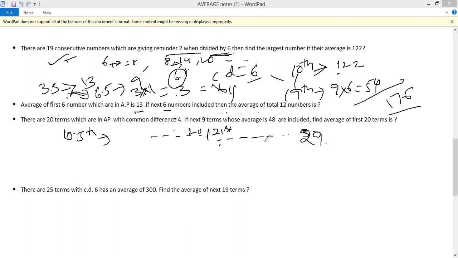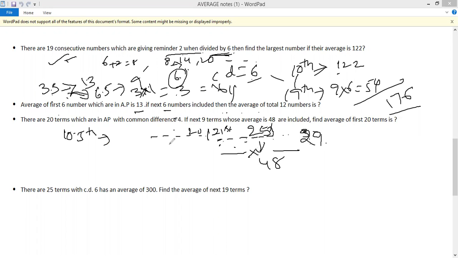These terms, from the 21st to the 29th, he has given the average as 48. That means the (21st plus 29th) by 2, which is 50 by 2, the 25th term he has given is 48.